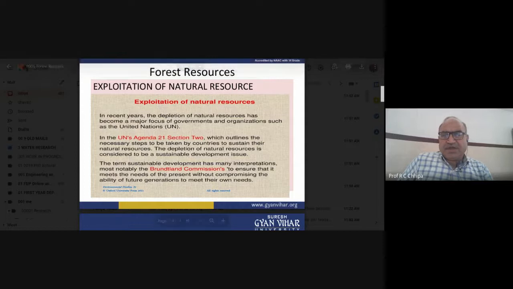In recent years, the depletion of natural resources has become a major focus of governments and organizations such as the United Nations.